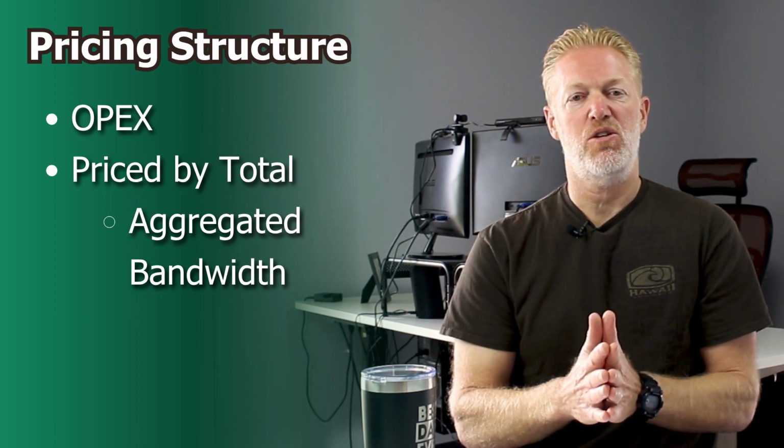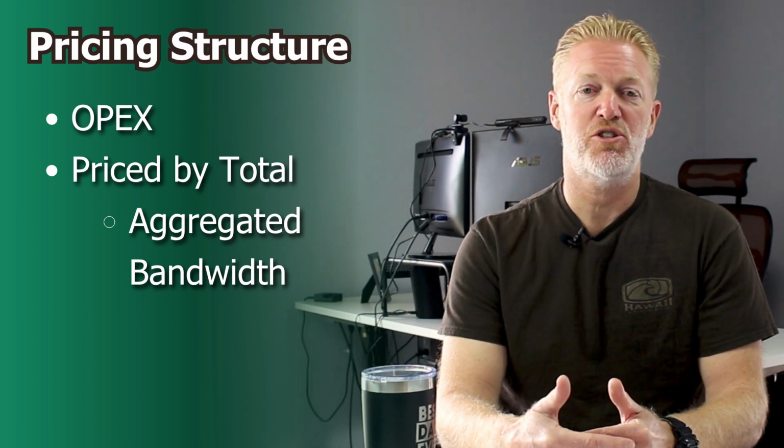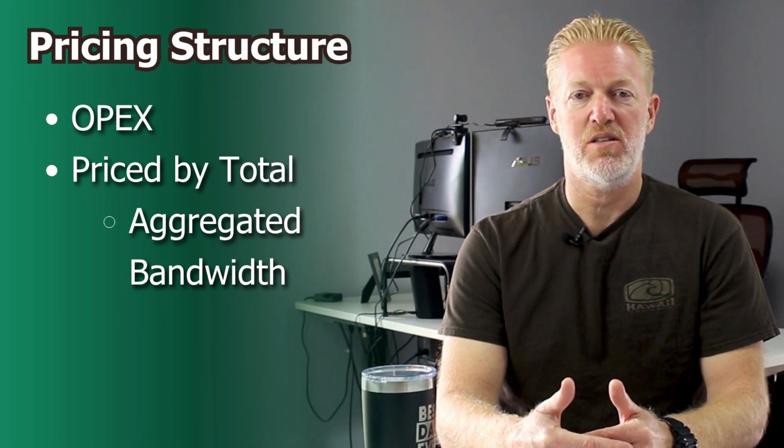Well, Cato's going to ask you, how much of that bandwidth are you actually using at your busiest time? I know you have the capacity to go to a gig, but how much do you typically use at your busiest time?